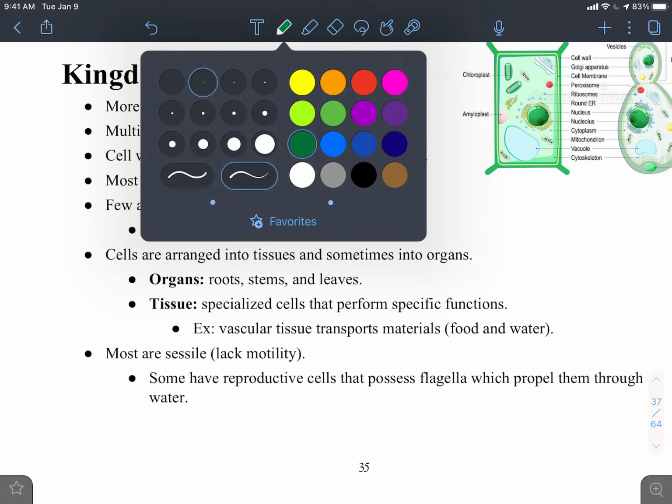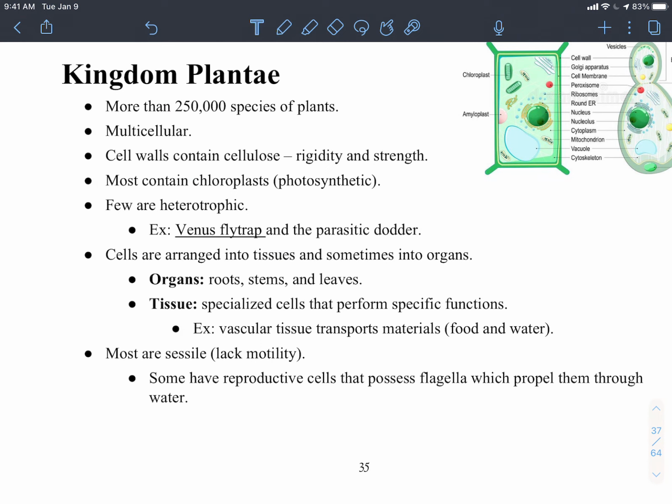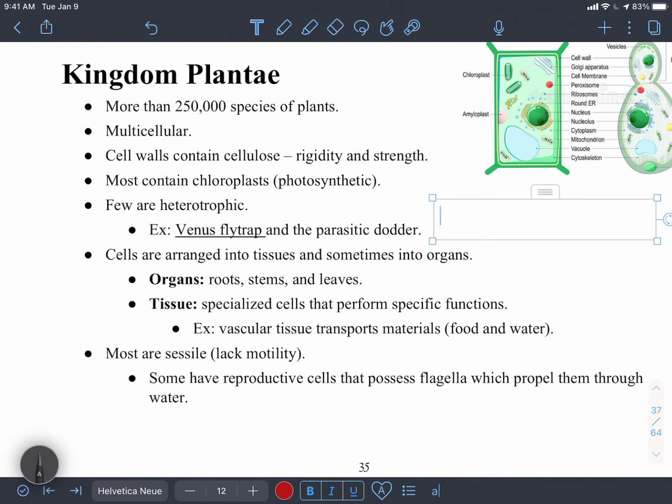Now, I will say that there are a few that have heterotrophic abilities, but we should mention that even the Venus flytrap, a famous plant for eating flies, does not need to eat flies. It does so to support its life, but it is not essential. It is a luxury to eat flies for it.